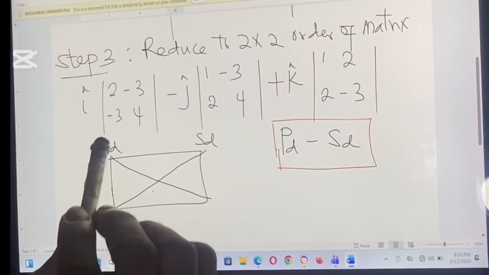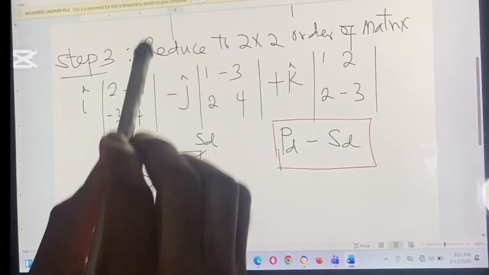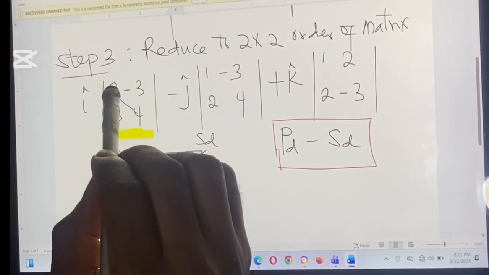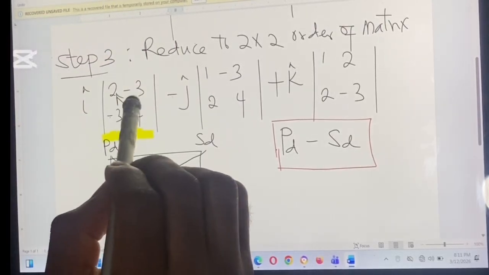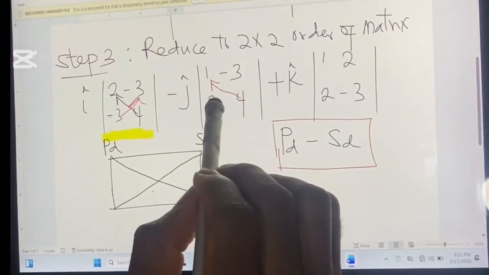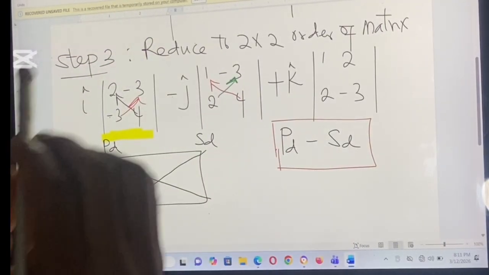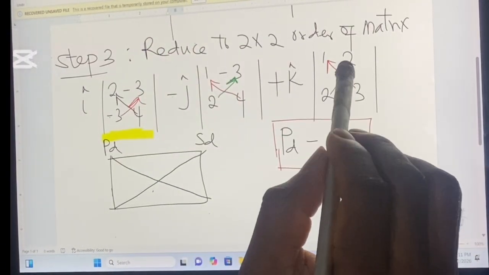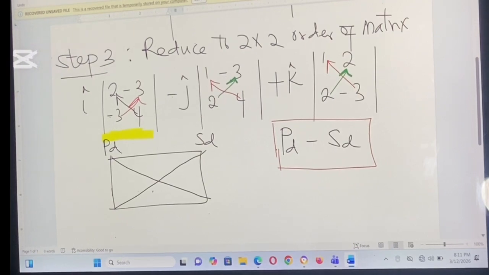So we can also create the same thing here. Please take note. This goes with this, to create diagonal. This goes with this, to create diagonal. Please take note.